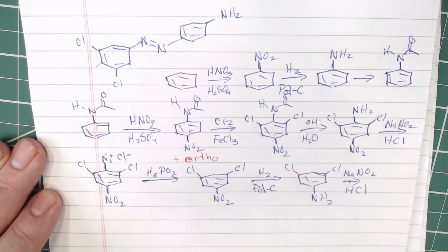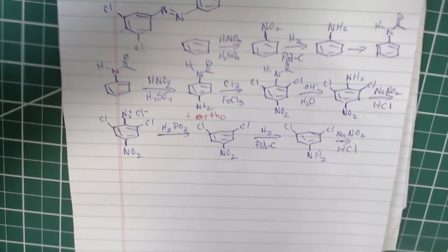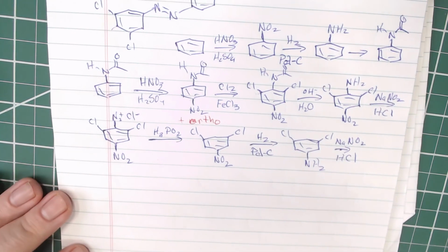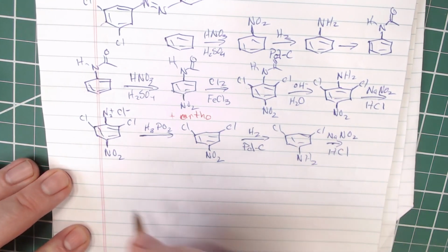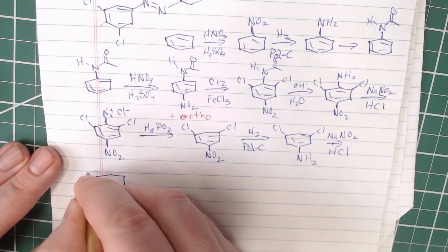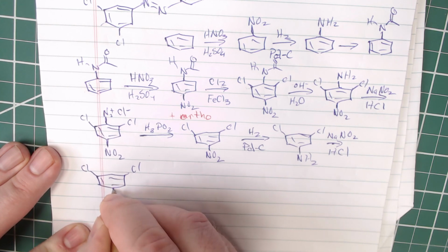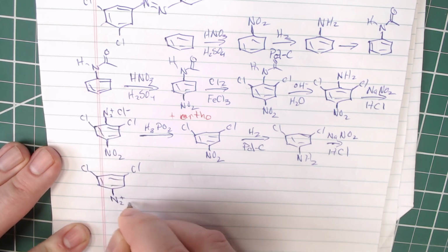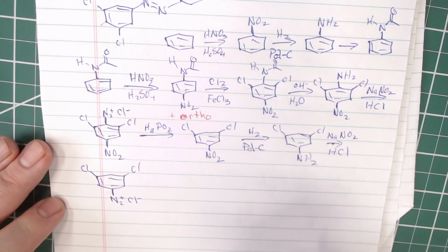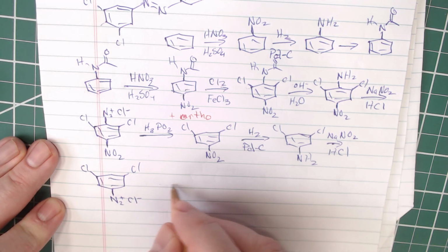I'm going to go ahead and put this down here, and I'm going to raise this up a smidge so I have a little bit more room. All right. So now we're going to have the diazonium salt. That diazonium salt, we can now react with aniline.